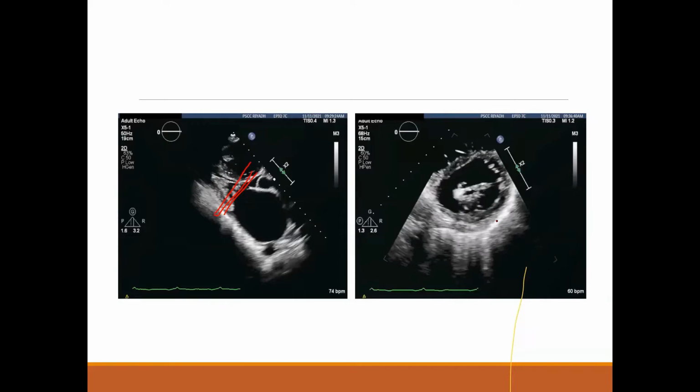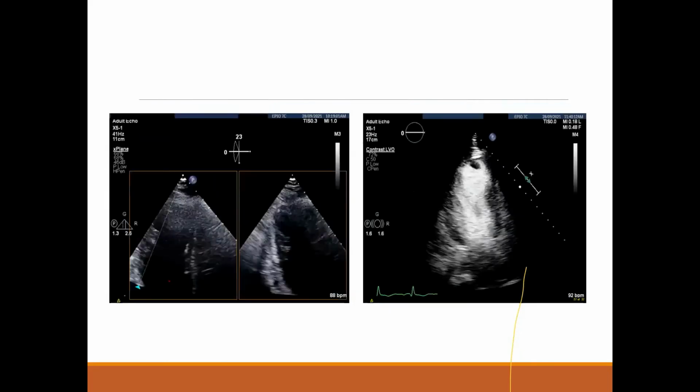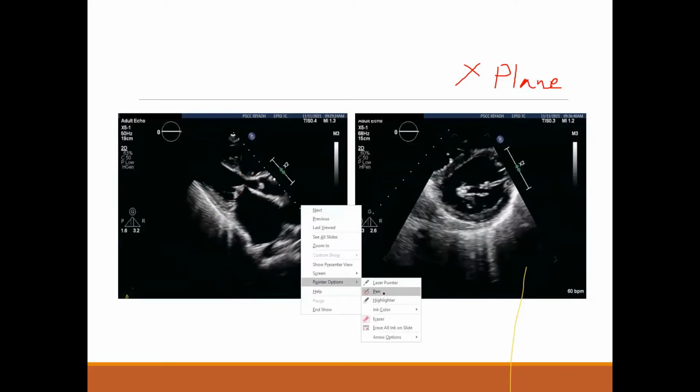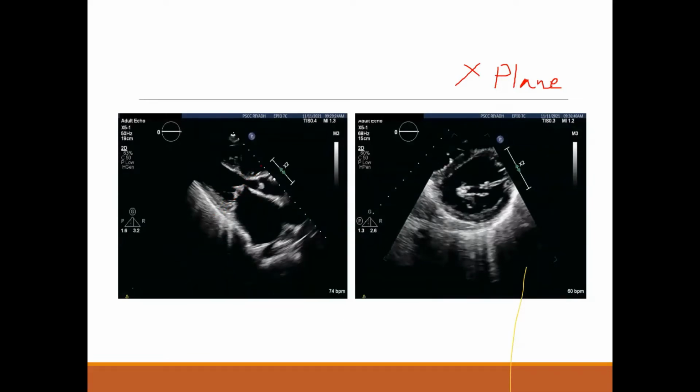But now I think echo machines are equipped with biplane and X-plane. You know this technology, right? The biplane and X-plane have made it easier for me, because instead of just trying to find out, I'm just seeing from this image. Now, where is the nervous part? The nervous part is here.